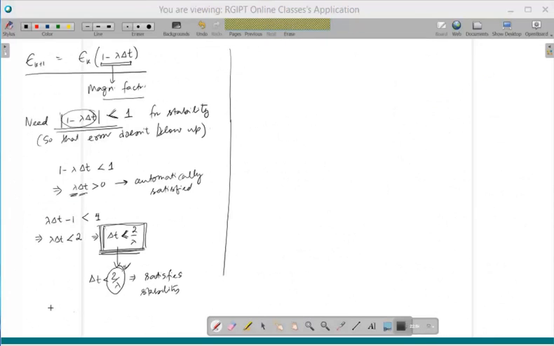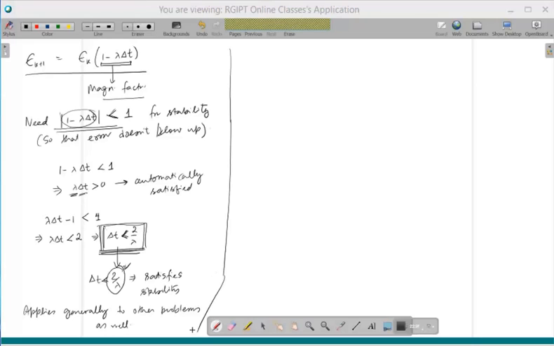I just took this example to demonstrate that delta t has a threshold limit, and that applies generally to other problems as well. What that value is for different problems, you can analyze and find out the way we did here.